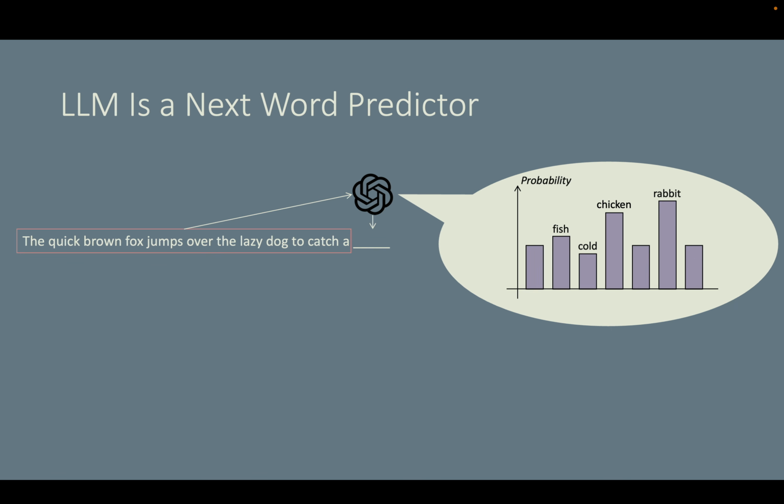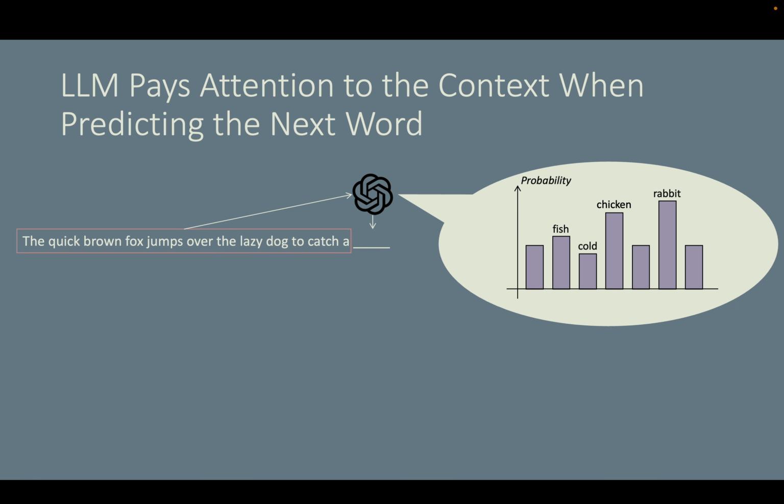It turns out that when computing this probability distribution, ChatGPT is using a mechanism called attention. The attention mechanism allows a large language model like ChatGPT to pay more attention to some inputs than others, regardless of where they show up in the input sentence.